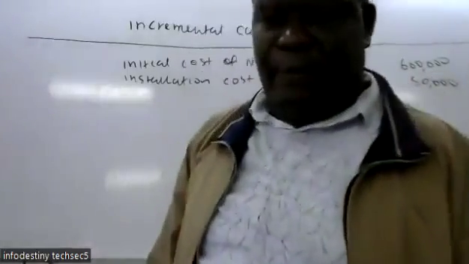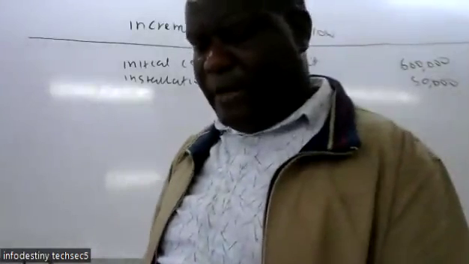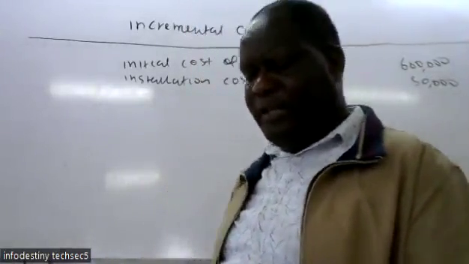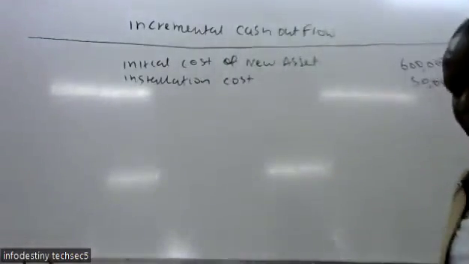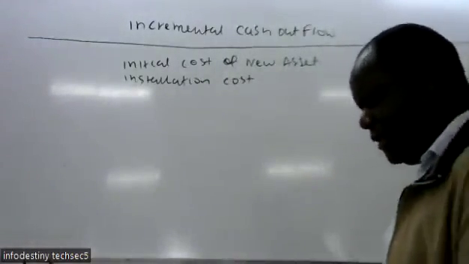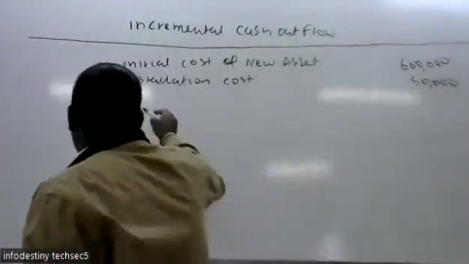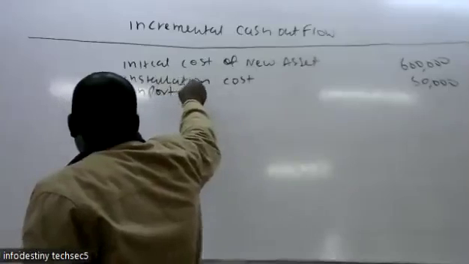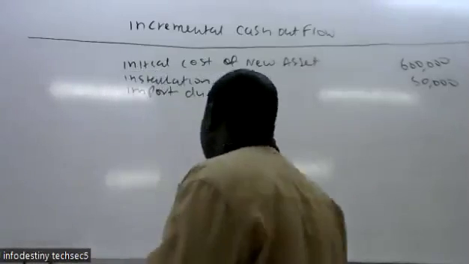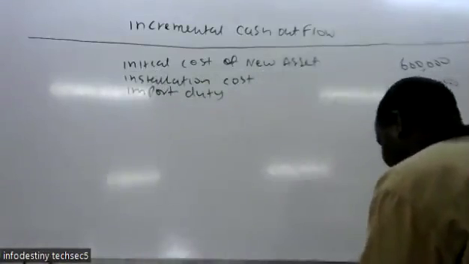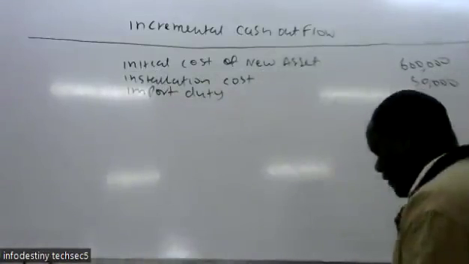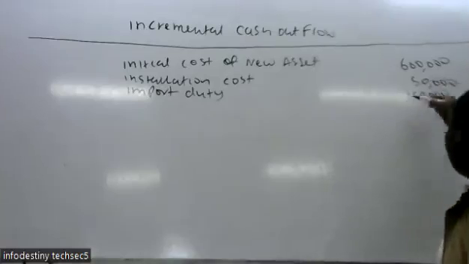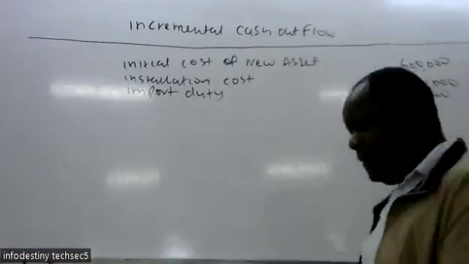Then apart from that, they say that the machine was not locally available, so they had to incur some cost to import it. In the question, there is import duty, so we also add import duty, which is meant to be 150,000.